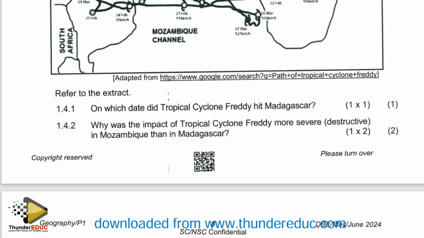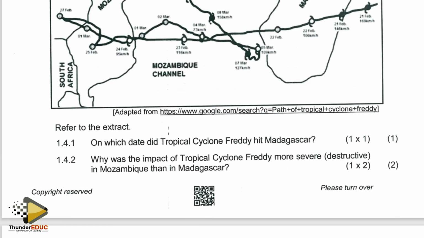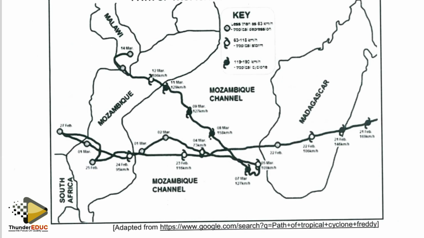Right, number 1.4.2. Why was the impact of tropical cyclone Freddy more severe or destructive in Mozambique than in Madagascar? Why did it cause more harm in Mozambique than in Madagascar? If we check, Madagascar is here and Mozambique is there, which means that for this cyclone to come from Madagascar to get to Mozambique, it has to cross the Mozambique channel.